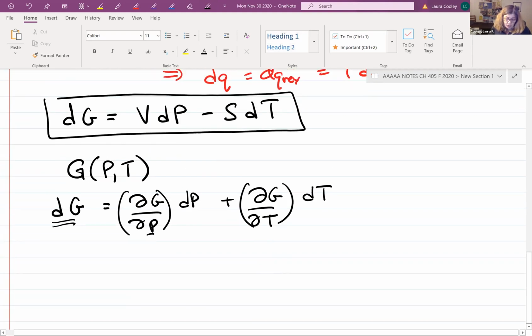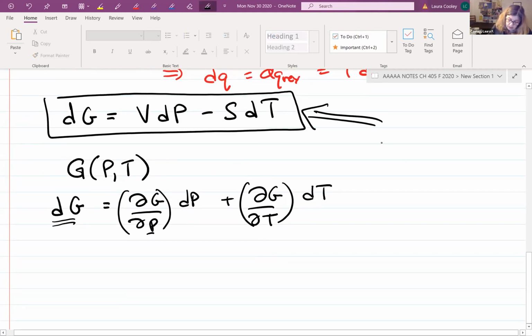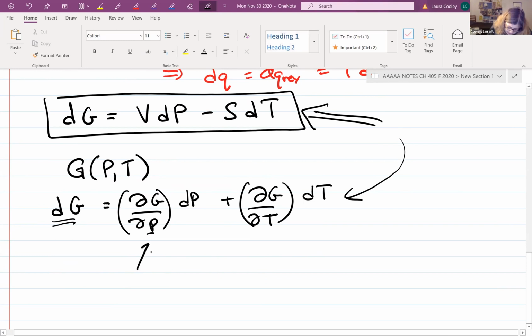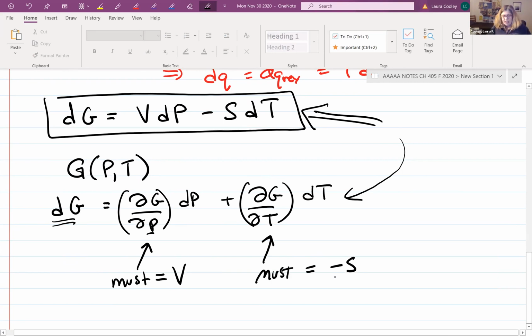But now, because we have this relationship here, we can use it, right? We can say that this dG is VdP minus SdT. So that tells you that this must equal V, and that this must equal the negative of the entropy, okay?